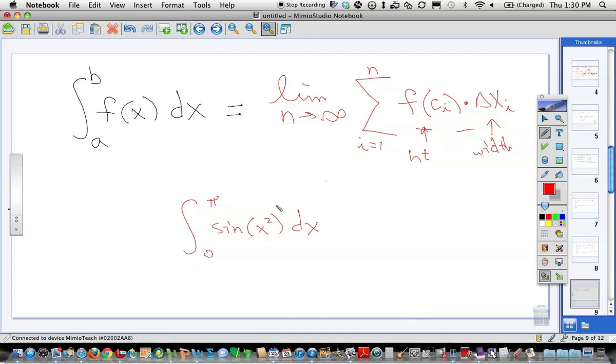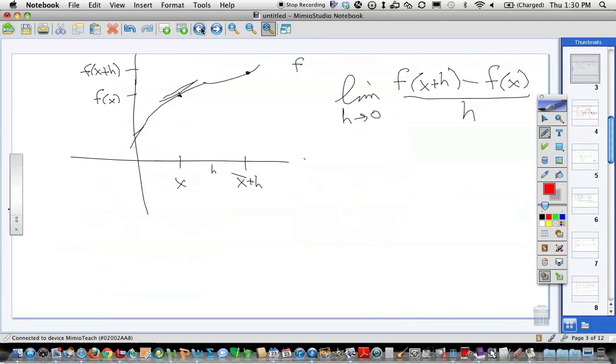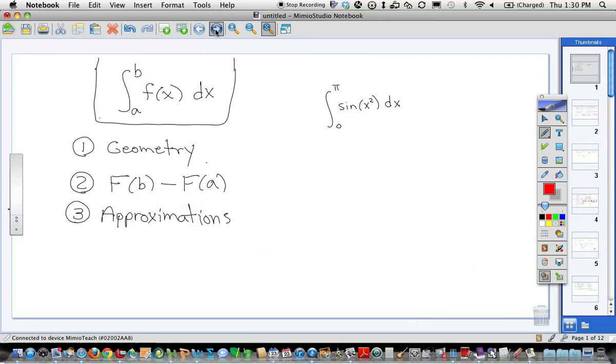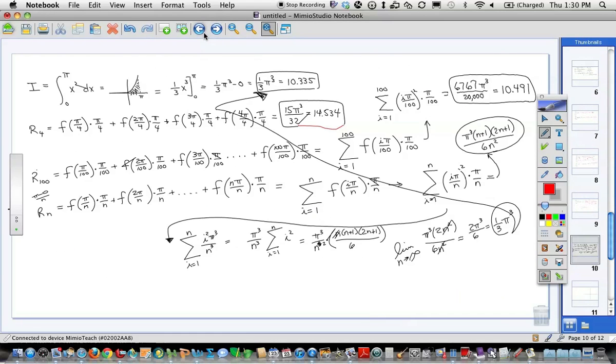If I changed this here to a 0, that would change this to an n minus 1. Now look what would happen here.